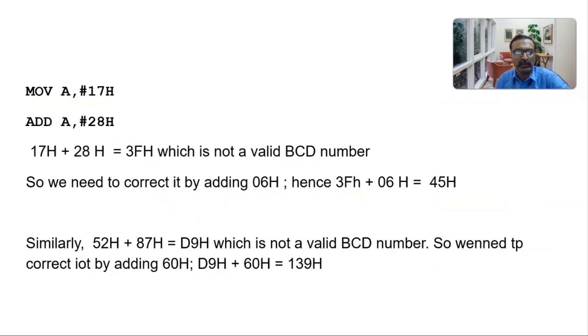Now, the importance of BCD. We want to add these two numbers, 17 plus 28. Let us do it in binary form. 1 means 0, 0, 0, 1. 7 means 0, 1, 1, 1. 2 means 0, 0, 1, 0. 8 means 1, 0, 0, 0.